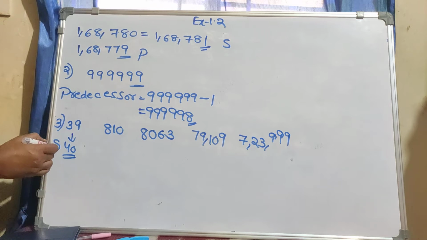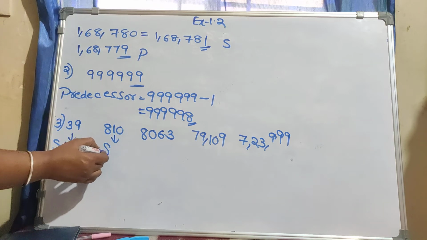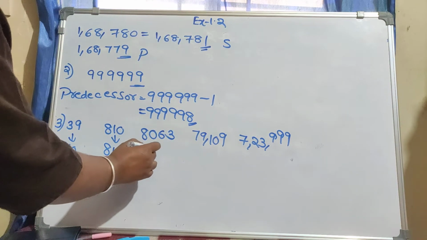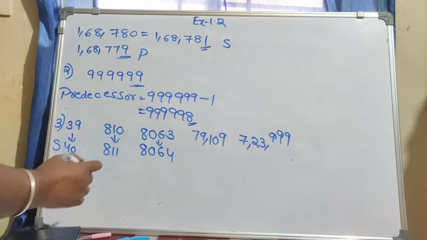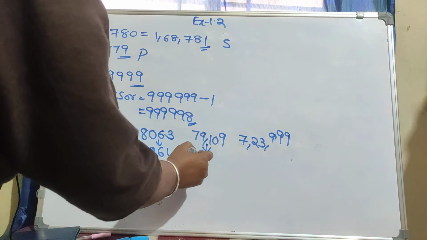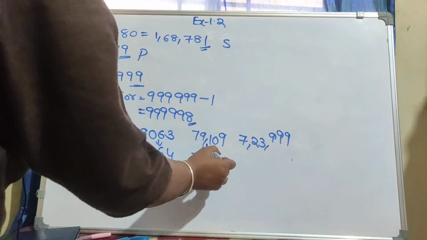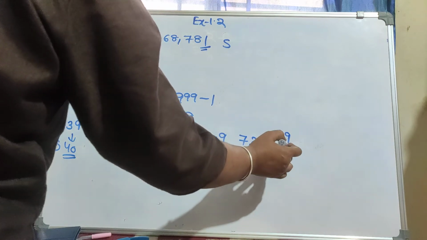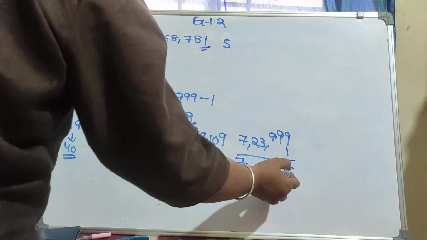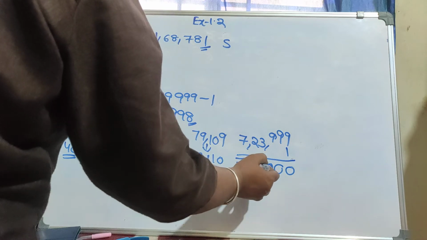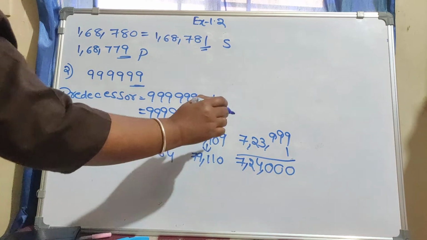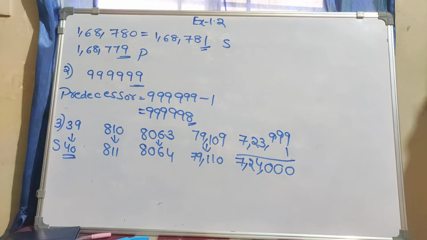So this is the successor. 810, after 811. 8063, after 8064. 79,109, after 110. 7,23,999: if we add 1 here, this is 0, this is 0, this is 0, 4, 2. 7,24,000. These are all successors, and it ends the third question.